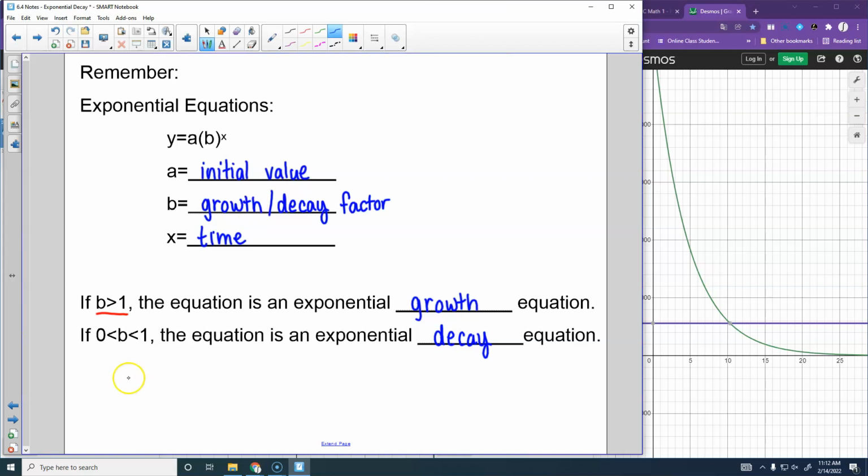Whenever we have growth, for that b we are going to do 1 plus the rate as a decimal. If we have 7% growth, we do 1 plus 0.07 because that is 7% as a decimal. If we have decay, what do you think we're going to do for our b?